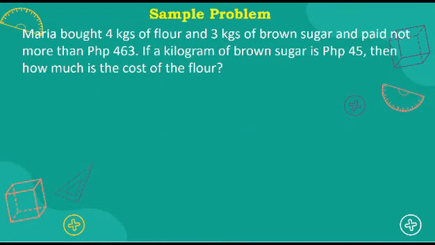Let's have the sample problem. Maria bought 4 kilograms of flour and 3 kilograms of brown sugar and paid not more than 463 pesos. If a kilogram of brown sugar is 45 pesos, then how much is the cost of the flour?